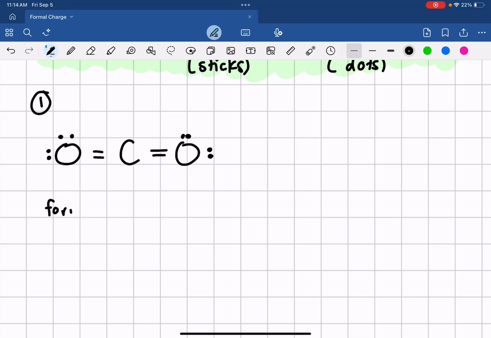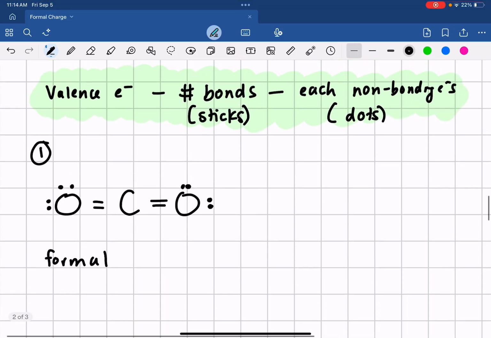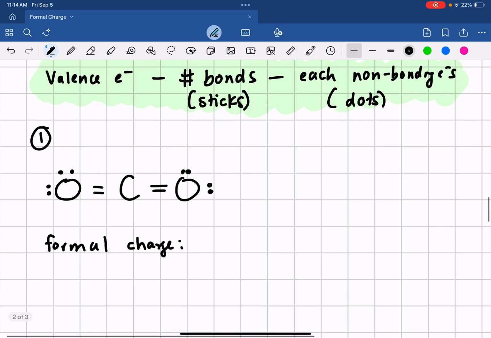As we said, formal charge is equal to the number of valence electrons. We'll take each atom and calculate its formal charge. Let's label these as oxygen 1 and oxygen 2, and just simply carbon since there's only one carbon.